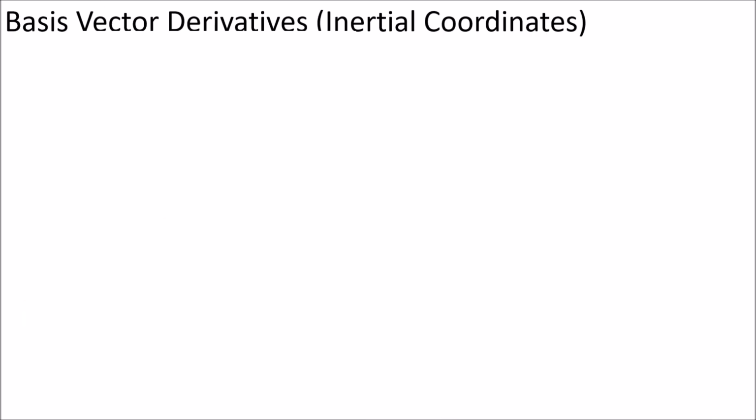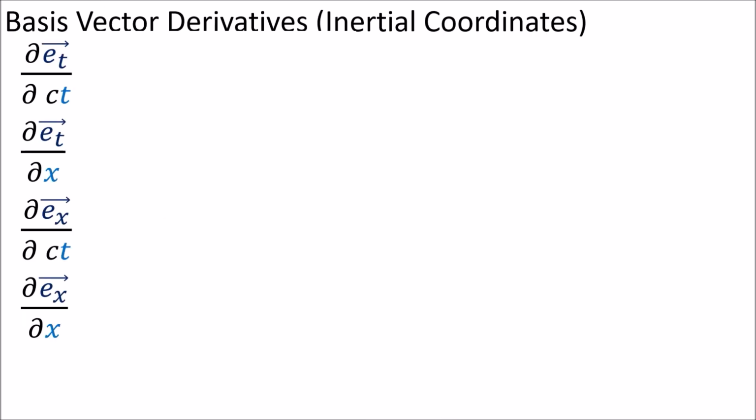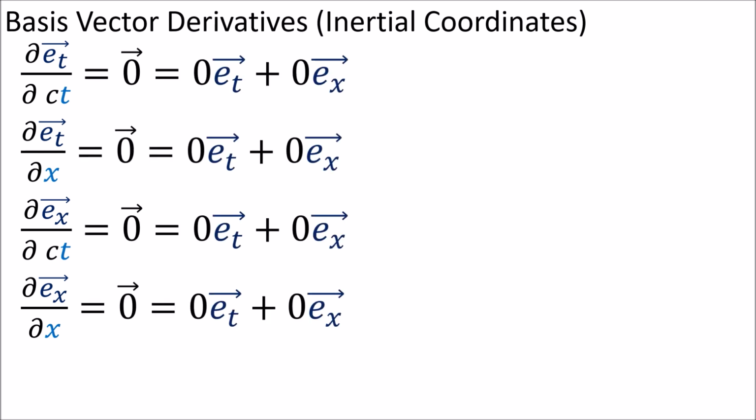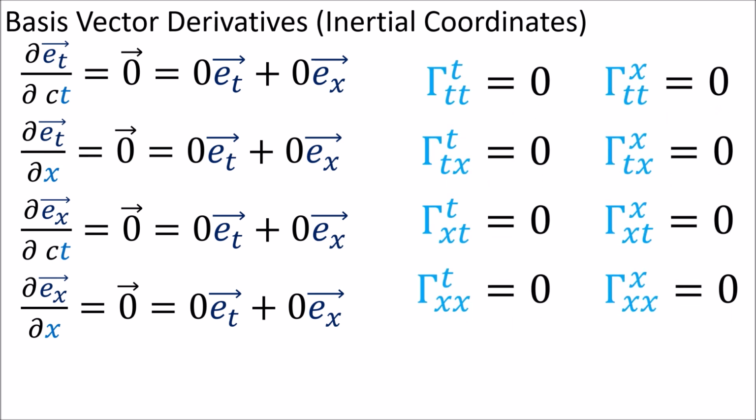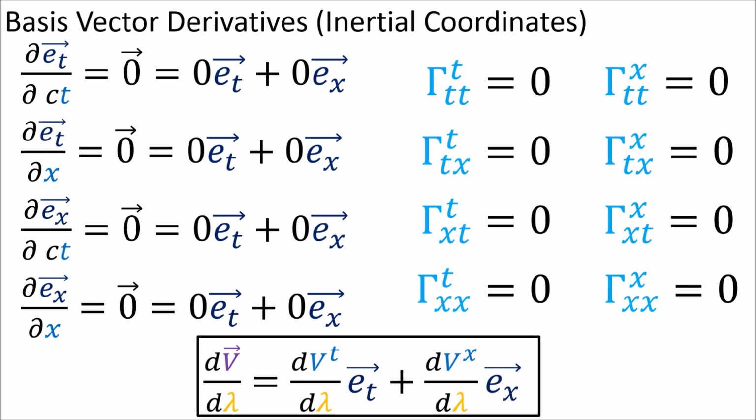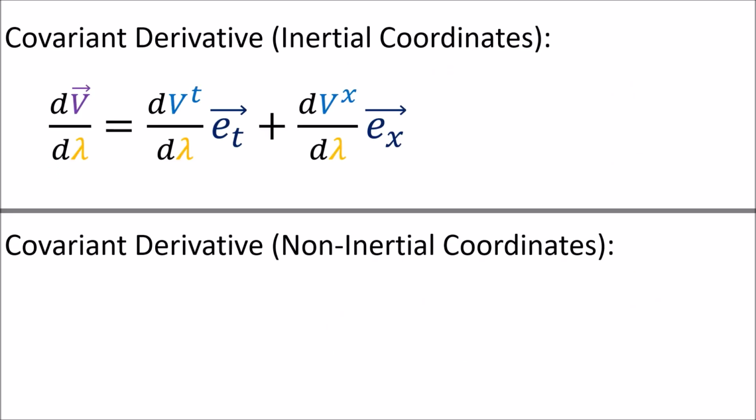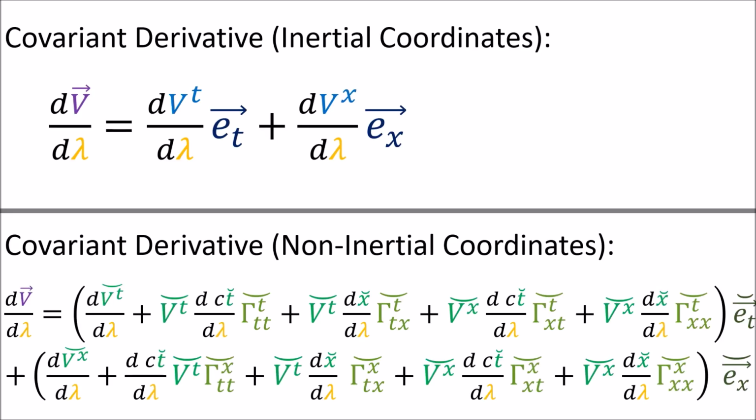In inertial coordinate systems, where the basis vectors do not change at all, the basis vector derivatives are 0, meaning all the Christoffel symbols are also 0. This makes the formula for the covariant derivative significantly simpler in inertial coordinate systems. But in non-inertial coordinate systems, we need to remember to keep track of the changing basis vectors and include the Christoffel symbols in our derivative formula.